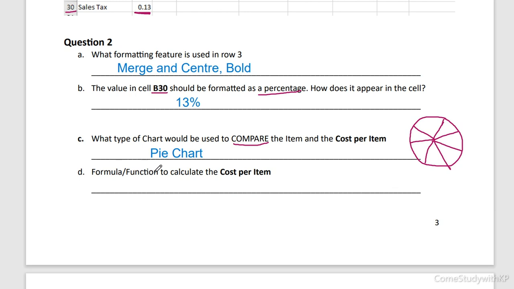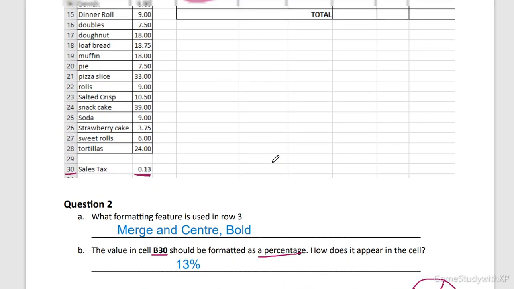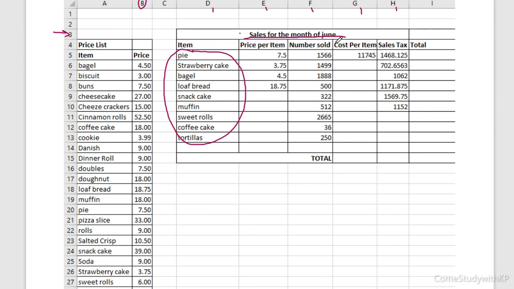Formula or function to calculate the cost per item. So we go back up. Where is the cost per item? And we want a formula here. What is the formula that we would use to calculate cost per item? So just basic math would multiply the price per item by the number sold, right?